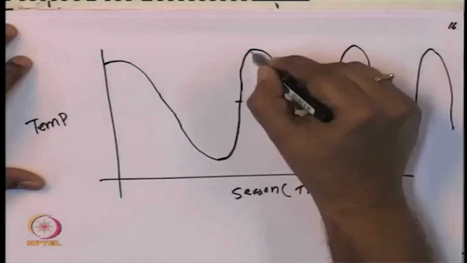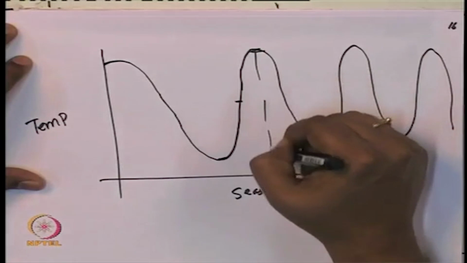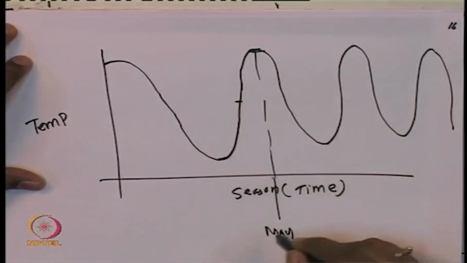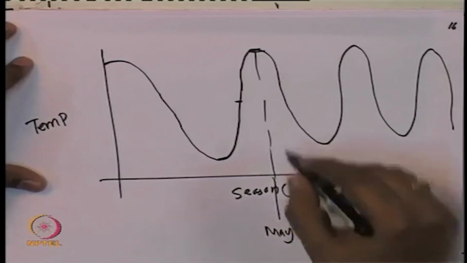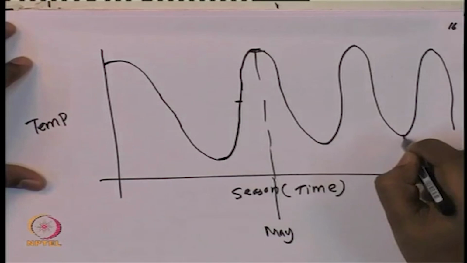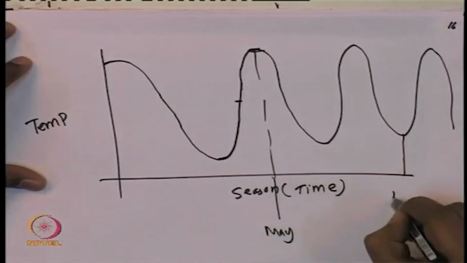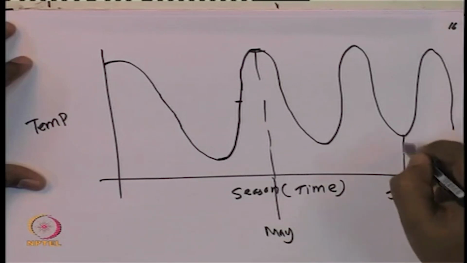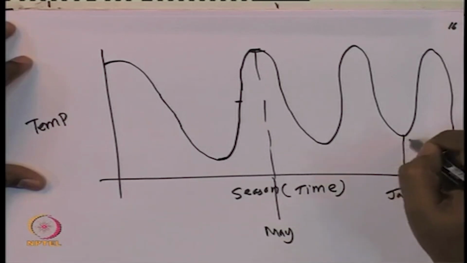As you see, this is the peak month, mostly May, June. So, this is like May in most parts of India. In May the summer is at its peak, and the temperature has its minimum value sometime in January.